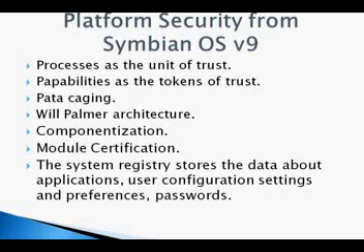System resource capabilities are the tokens of trust, which are required to perform actions. Data caging protects data from prying eyes or interference or both. The direct consequence of defining the process as the unit of trust is that all threads in the process share the same level of trust naturally.